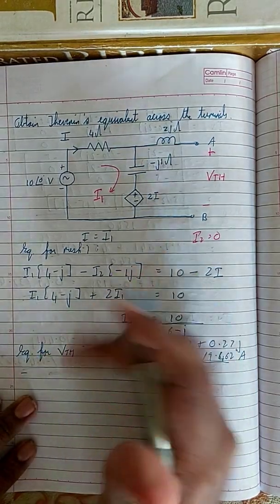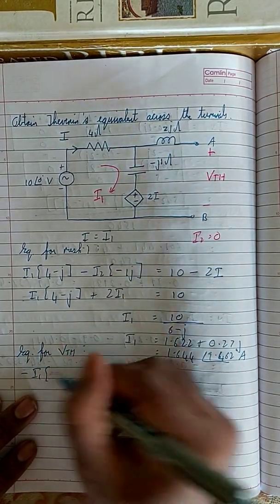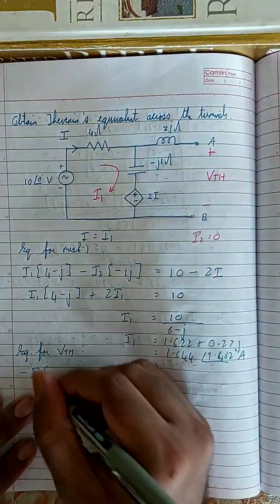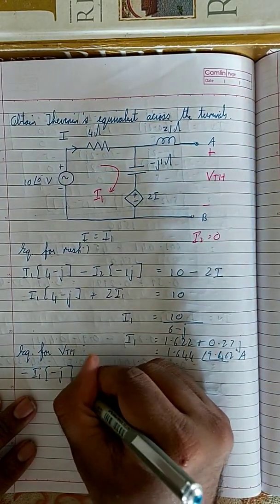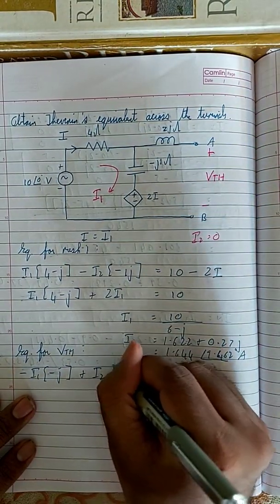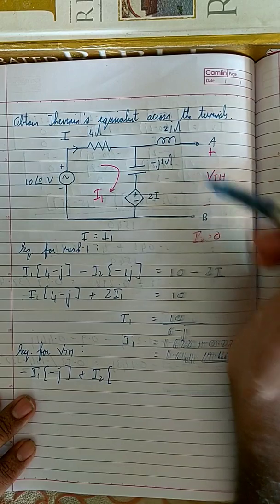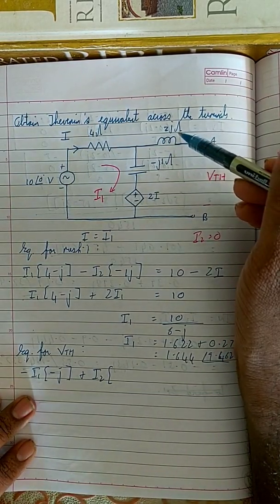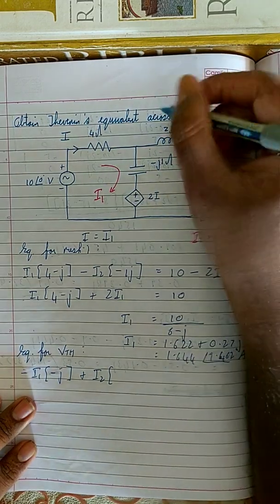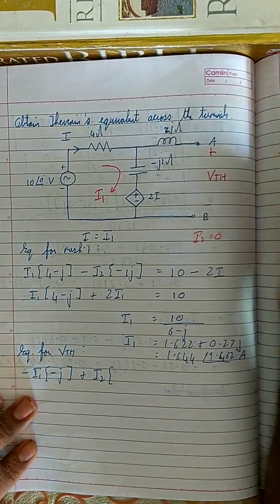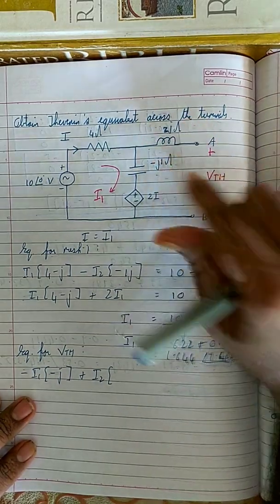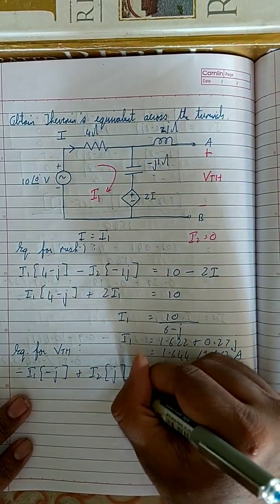Just like writing the equation for mesh 2, minus I1 into, in this mesh 2 I1 is touching only this element, so it is minus 1j, plus I2 into, it's touching these two elements, right? This is 2j and this is minus 1j, so we have 2 minus 1 is 1j.